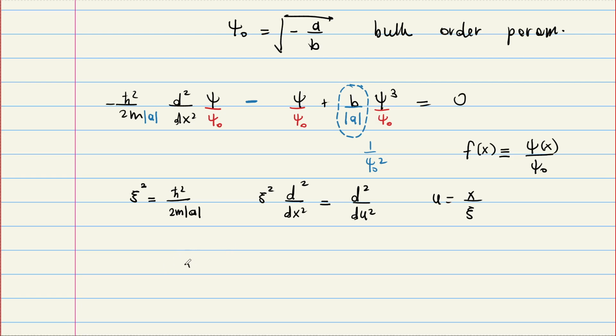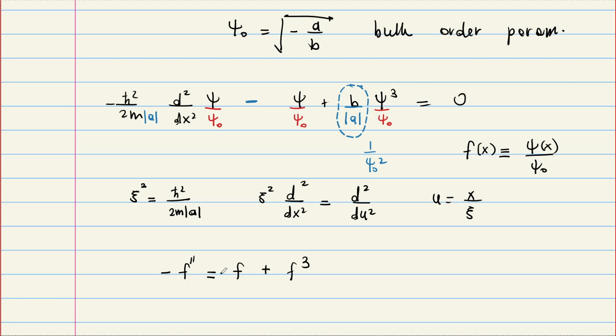Good. Then the equation became a little more palatable. It is f double prime, so minus f plus f cubed, and I can put this minus on the other side and write this.